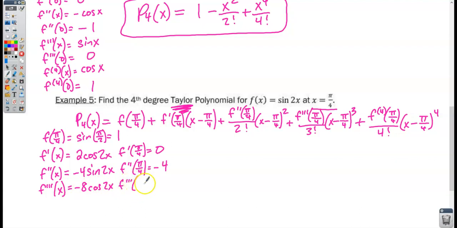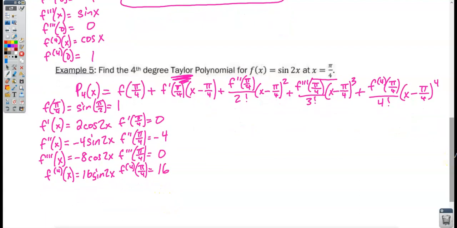And f triple prime of pi over 4 is going to be equal to 0, because cosine of pi over 2 is 0. And then the fourth derivative at x is going to be 16 sine of 2x. And so the fourth derivative at pi over 4 is going to be 16.